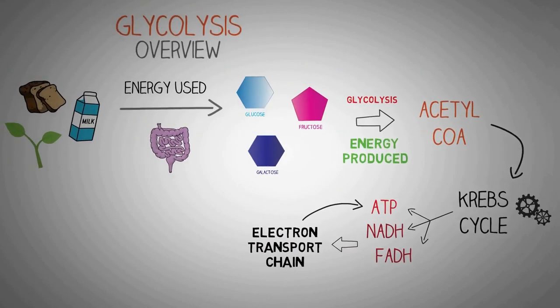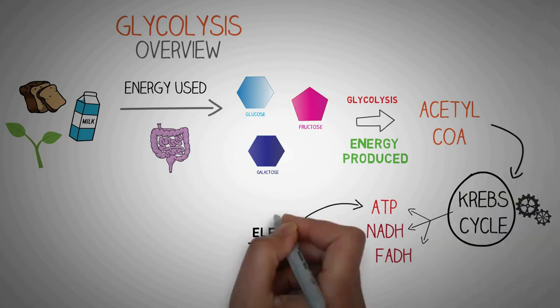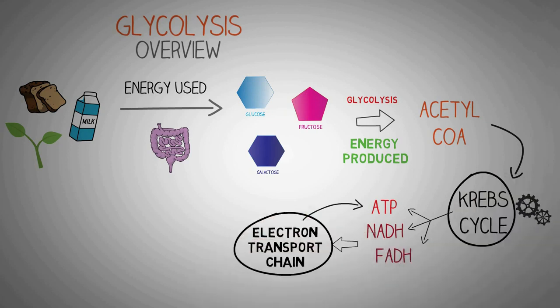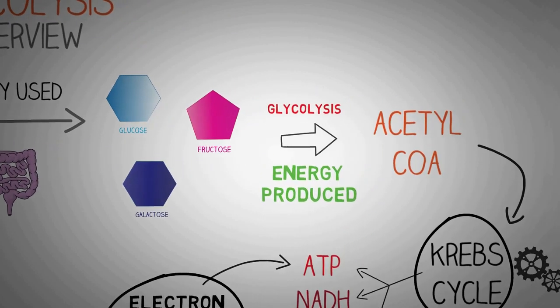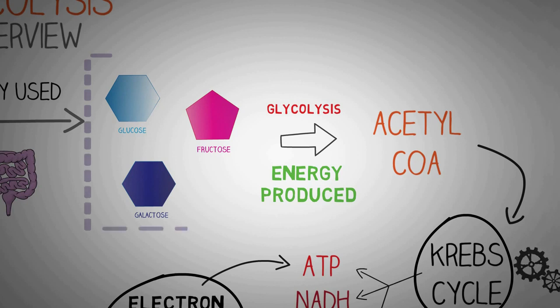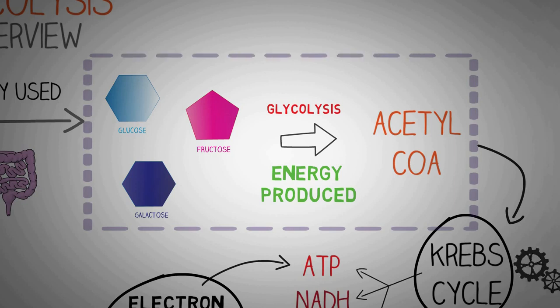You can check out the videos on Krebs cycle and electron transport chain on our channel to learn more details about them. In this video, we will look at the first phase of carbohydrate metabolism, that is glycolysis, in which glucose, galactose, and fructose are converted into pyruvate and then to acetyl-CoA through a series of 10 reactions, and how these reactions produce energy.